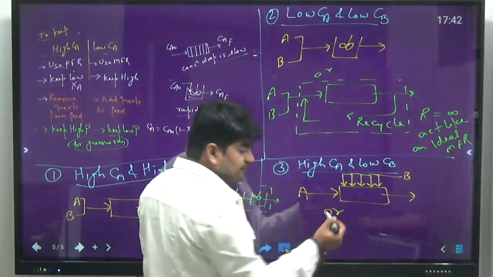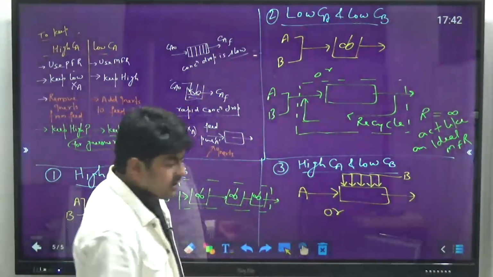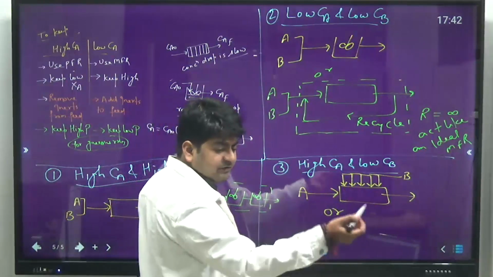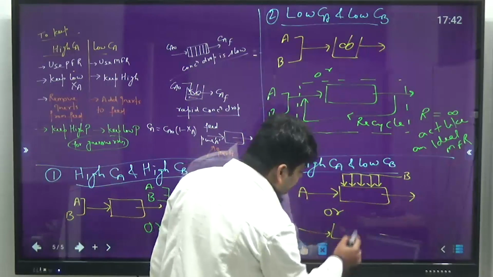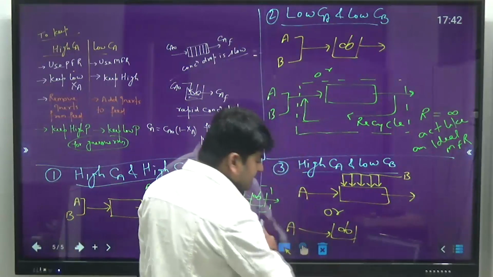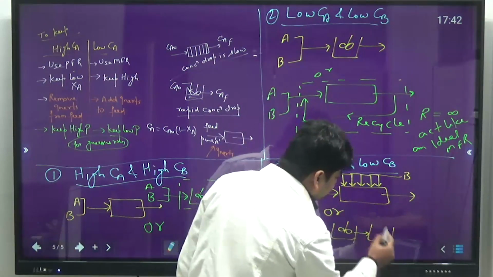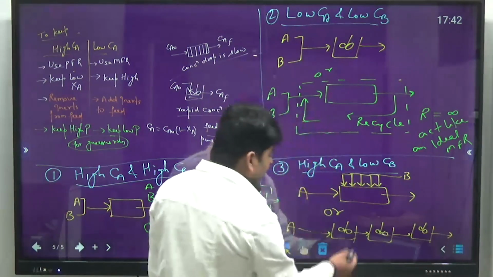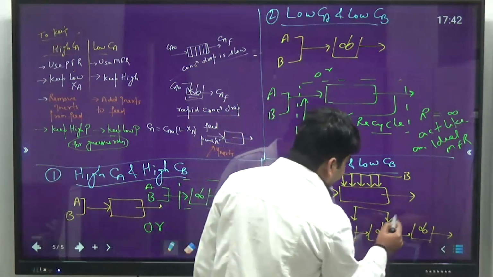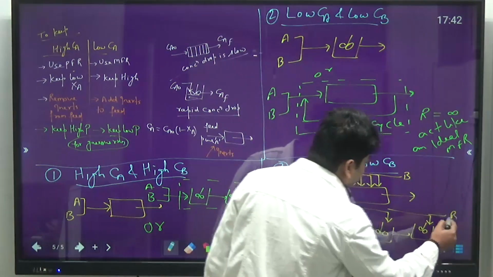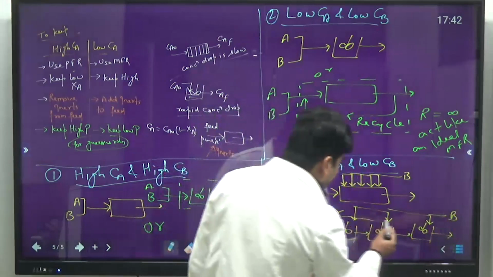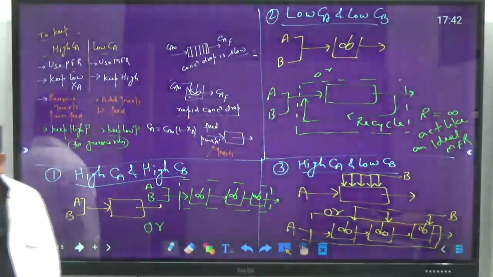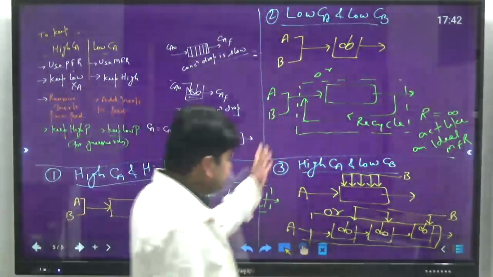Okay, so what we can do for this, we can use the practical alternative. The practical alternative of this is, we know PFR is the combination of infinite MFR in series. Use infinite MFR in series and A in that system. Okay, and B directly to individual reactor like this. Okay, so this will be my practical way to use this system.